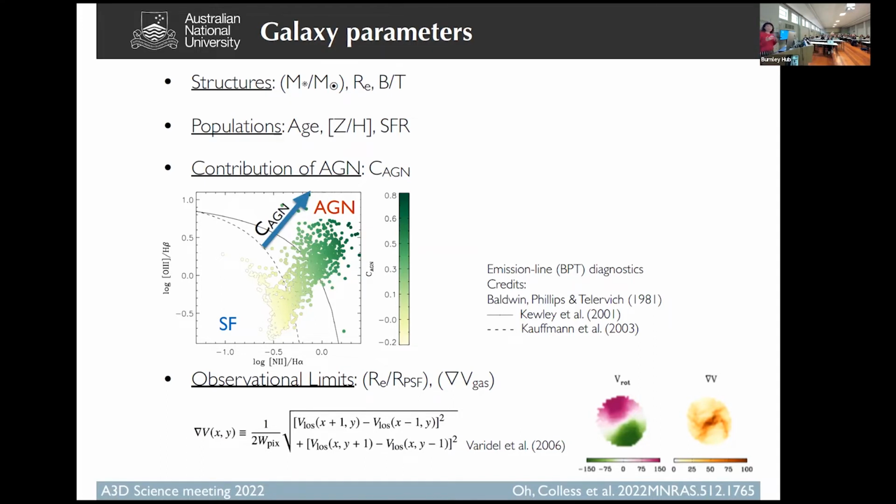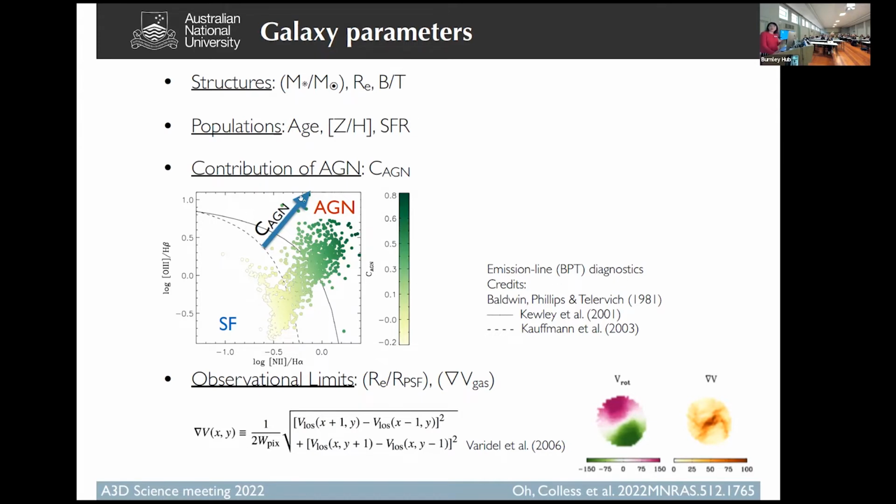I have explored these 9 galaxy parameters, which describe the structures of the galaxies and also the populations of the galaxies. I have also used the CAGN parameter, which is also related to the population of the galaxies. This has been defined using the emission line diagnostic diagram.